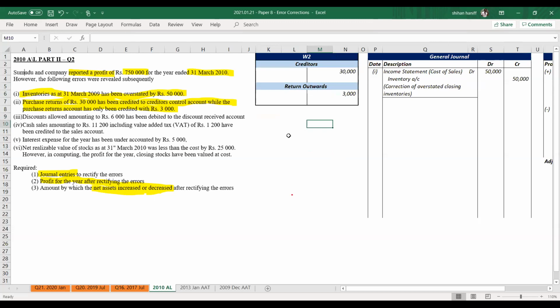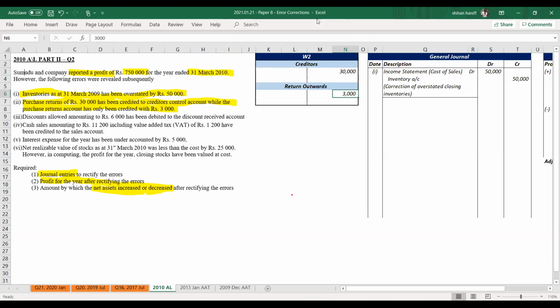The actual double entry should be return outwards account credit 30,000, creditors account debit 30,000. So they have credited the creditors account. The return outwards account was correctly recorded but with the wrong amount.